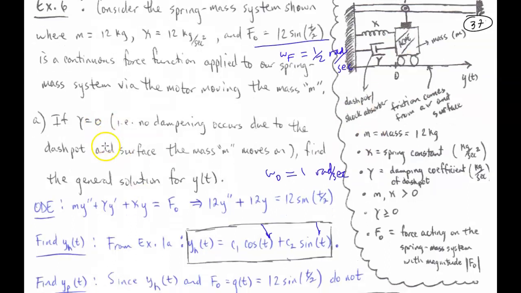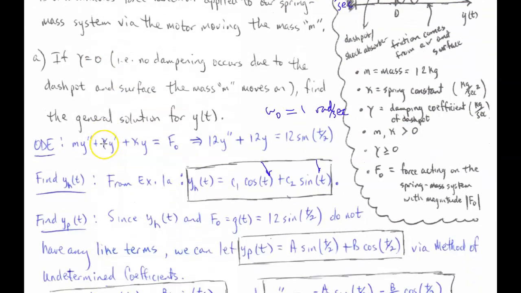If we have no damping, then of course we've seen many times that the left side of our equation that models it is just going to be 12y double prime plus 12y. We could divide both sides by 12 and make it y double prime plus y equals sine of t divided by 2.